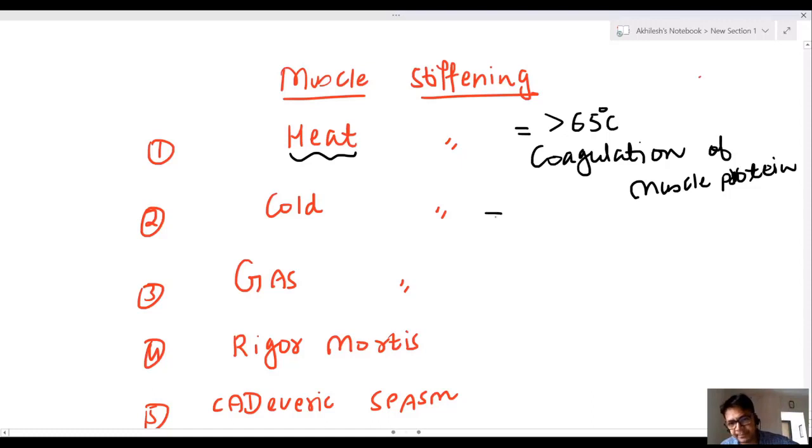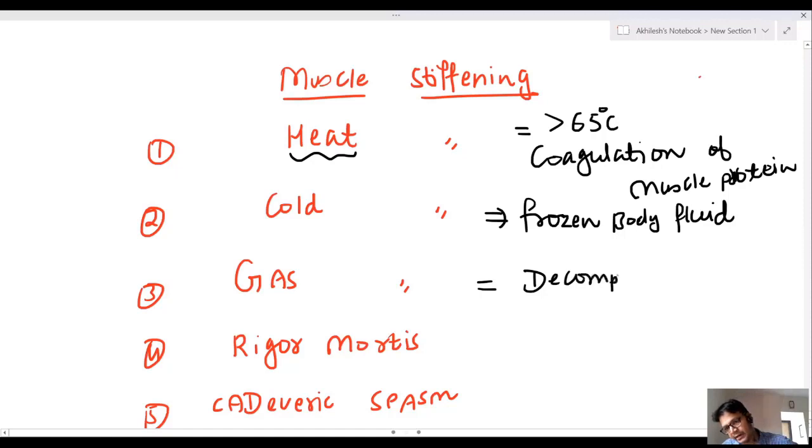Cold stiffening is when the body is surrounded by cold; it is because of frozen body fluid. Gas stiffening: in decomposition, gas forms in the body.